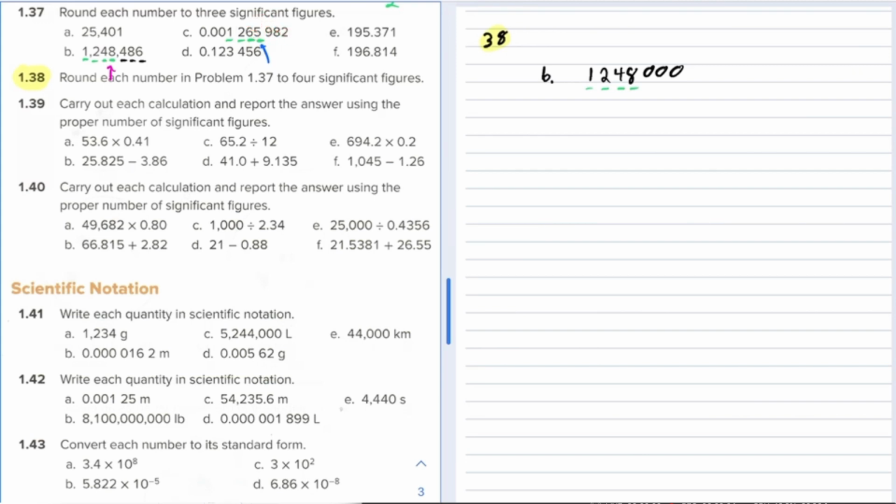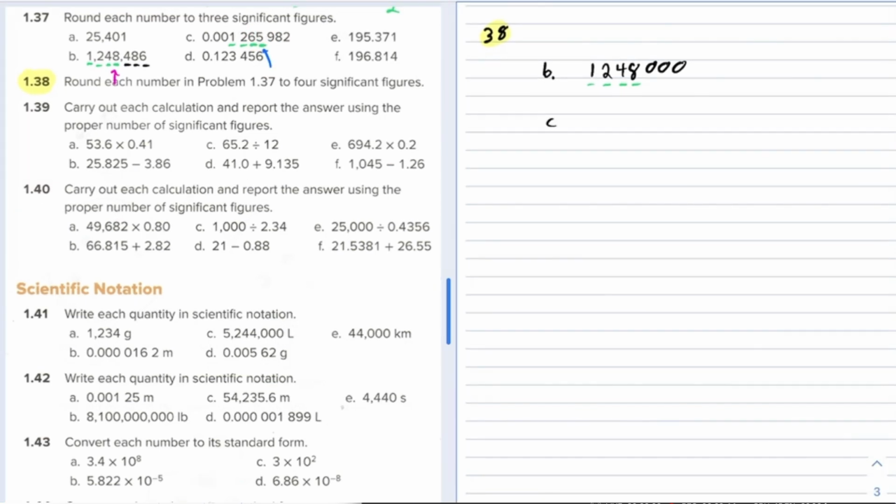If it's 5 or greater, then you round up. So this is 9, so this 5 is going to round up to a 6. For C, you keep that first part there, even though it's not significant. So 1, 2, 6, 6.